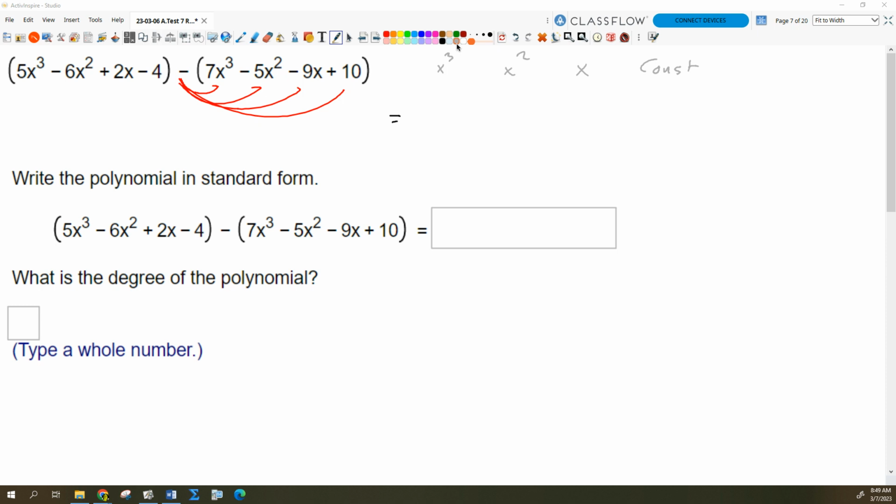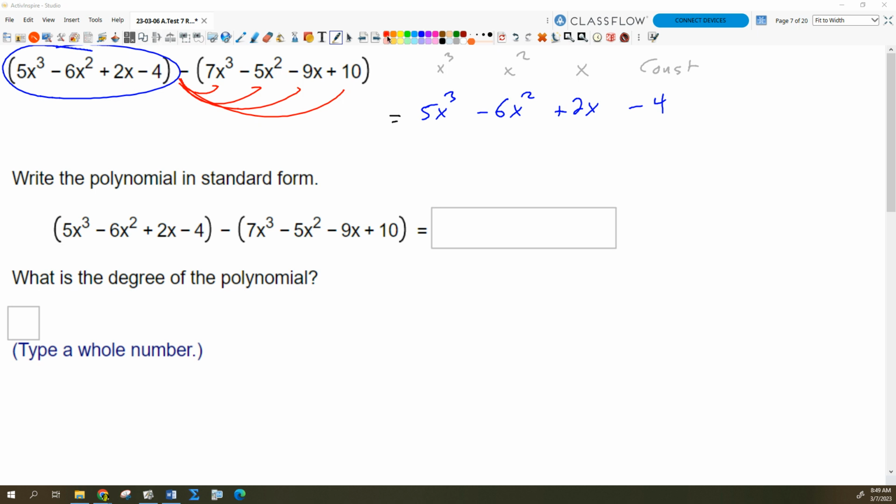So first we've got all this stuff, right? We've already got those terms. And I can just get rid of those parentheses, can't I, right? There's nothing being distributed there. So we're going to end up with a 5x cubed minus 6x squared plus 2x minus 4.